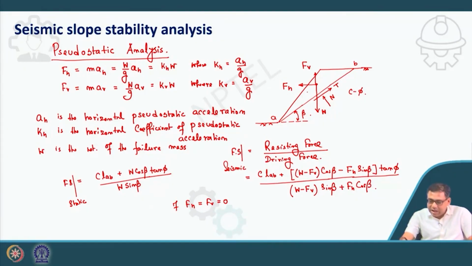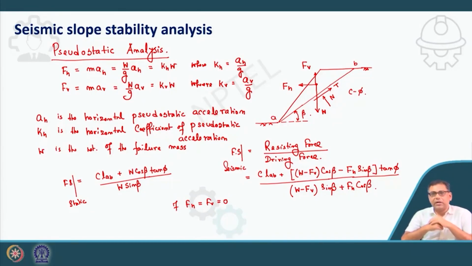But if you see, FV is reducing this value in both the cases. So, I am not saying that this effect is 0, definitely FV has an effect, but FH has a more significant effect as compared to FV. That is why sometimes the FV effect is neglected, so FV is taken as 0 and only the FH effect is considered.